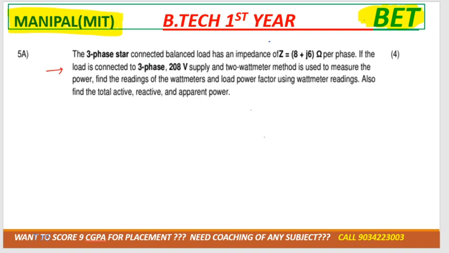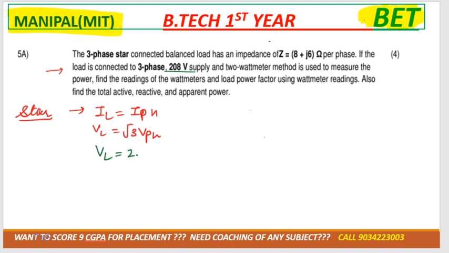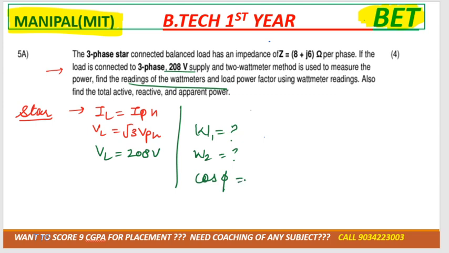So see, in this they said a three-phase star connected load. Whatever they have given, write it down. Star means line current is equal to phase current, and VL is equal to root 3 VPH, right? And then if the load is connected to this and VL is given 208 volt, we have to calculate the wattmeter readings, means we need to calculate W1, W2, cos phi, right?